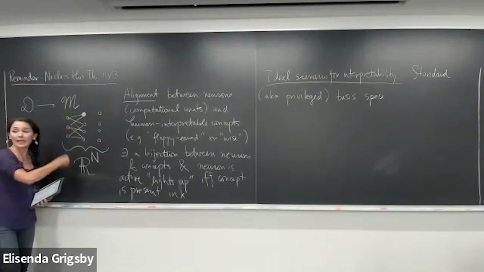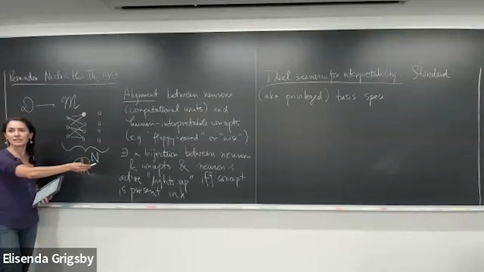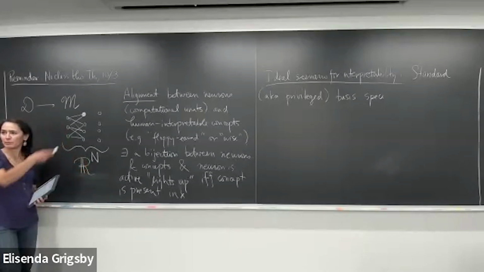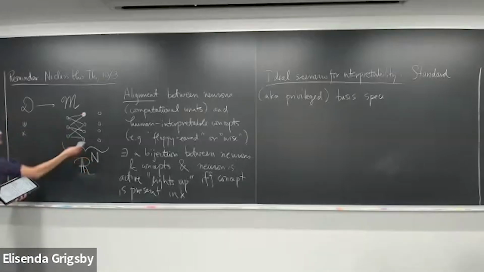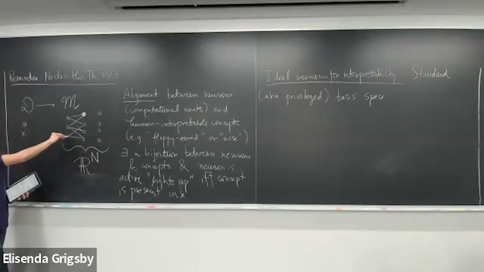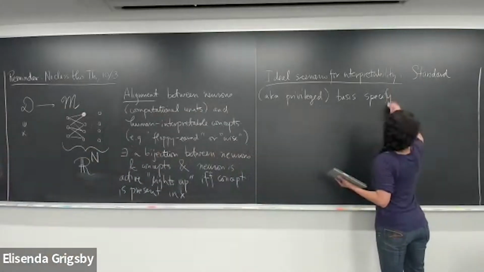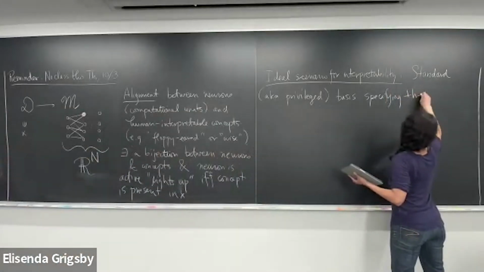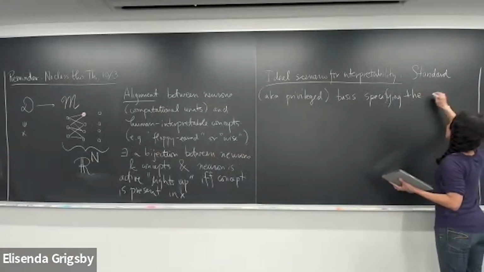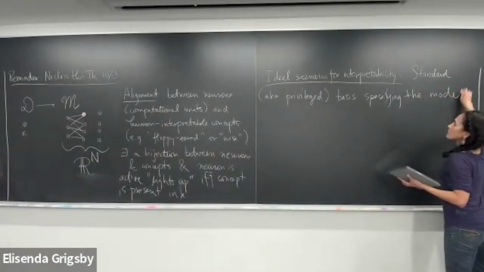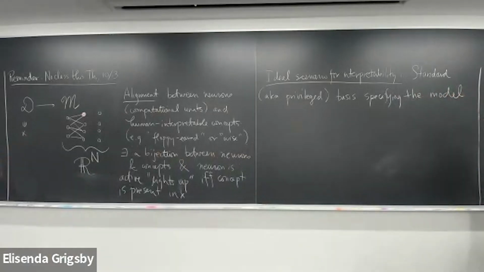But when I say R^n here, I mean just take the direct sum over all the layers, and then you have these maps between them, et cetera. The point is that each of these neurons actually specifies a basis vector in this big vector space specifying the model. So the standard, aka privileged, basis vectors.